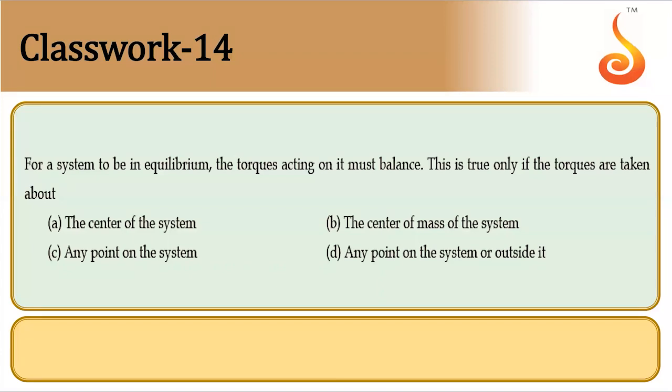When you say torque, about which point you are taking torque, that matters. This will be true when you take torque about any point. It doesn't matter whether it is on the system or outside the system. So torque about any point should be 0. This is the condition for equilibrium.